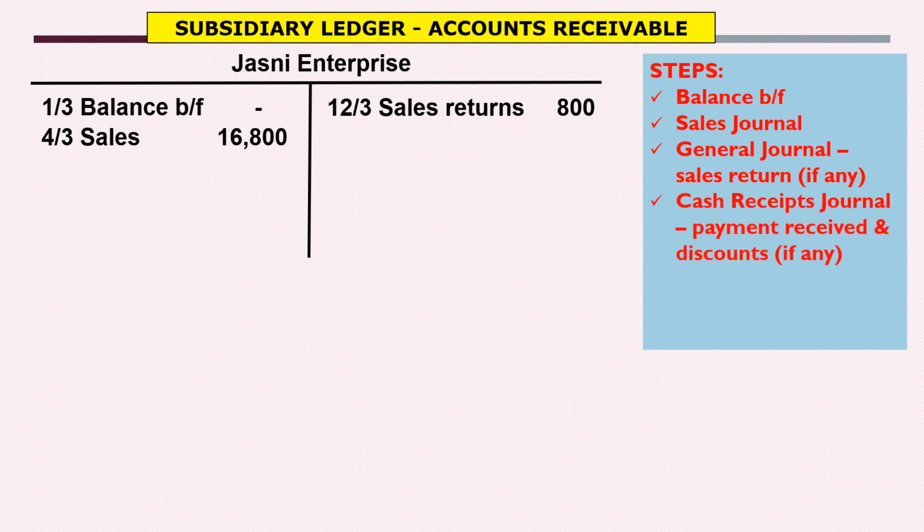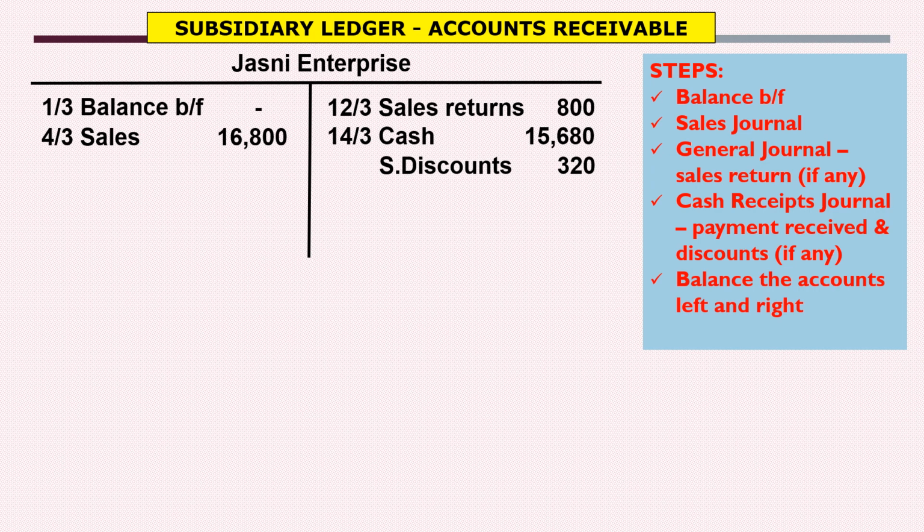Fourth step, check the cash receipt journal whether there is any payment from Dani Enterprise or any discounts given. We also found just now that on 14 March, we received cash amounting 15,680 and the sales discount 320.